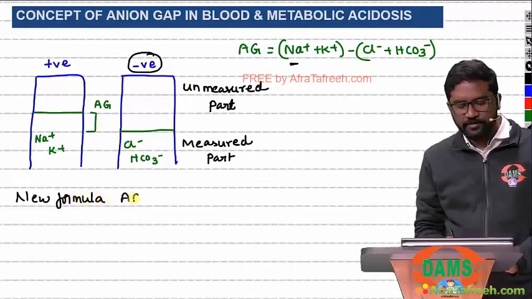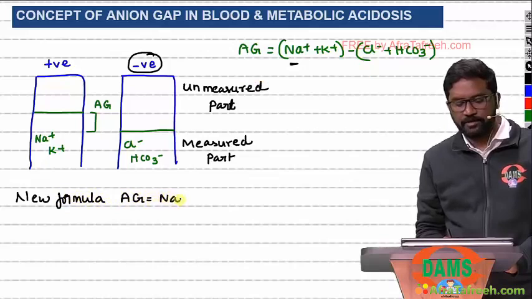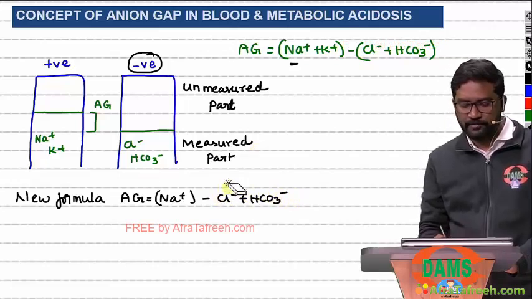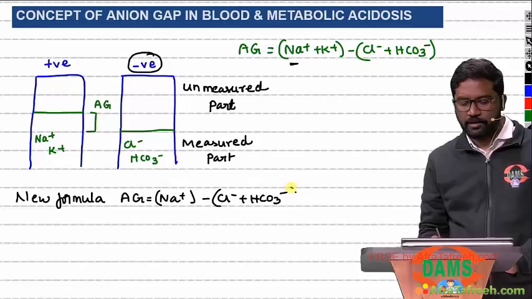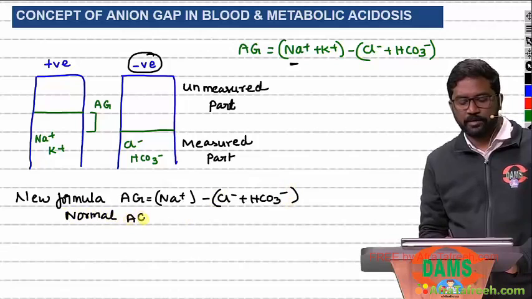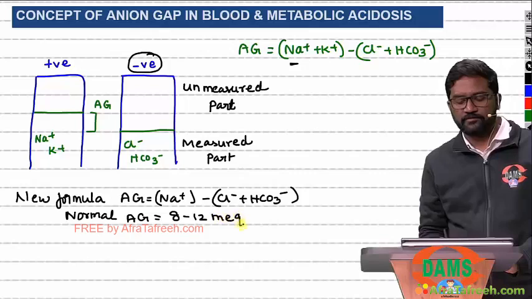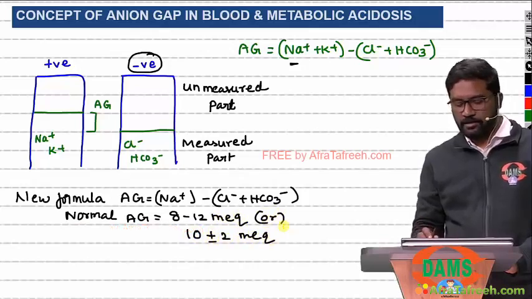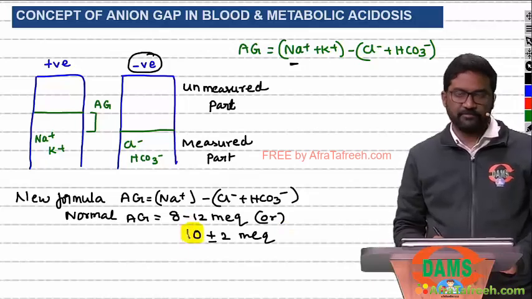for anion gap is equal to sodium minus chloride plus bicarbonate. If you use this formula and calculate anion gap, the normal anion gap will be in the range of 8 to 12 milliequivalents, or 10 plus or minus 2 milliequivalents. 10 is considered the reference value.